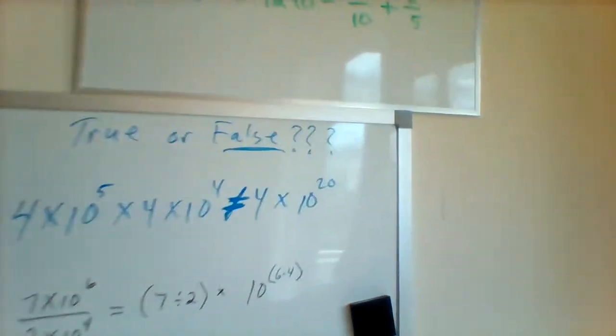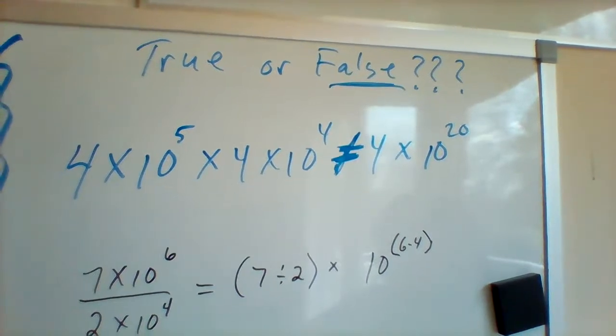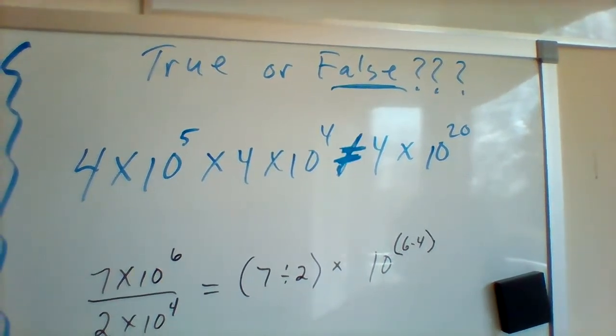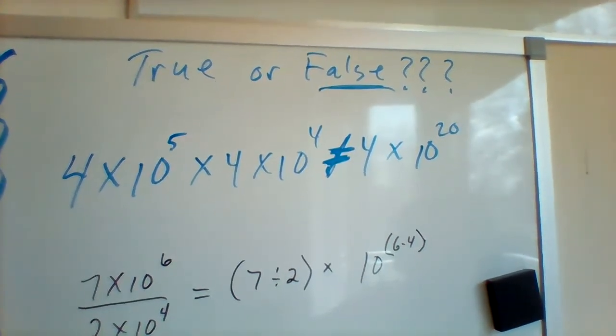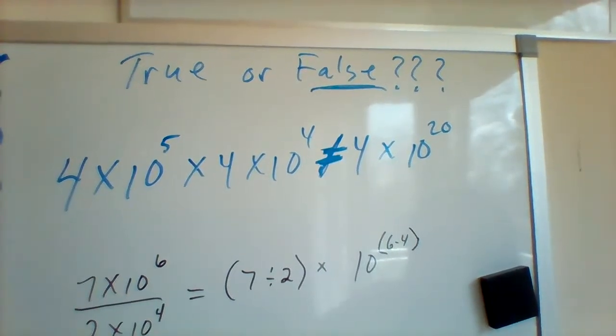All right. 7 times 10 to the 6th power divided by 2 times 10 to the 4th, does it equal 7 divided by 2 quantity times 10 to the 6 minus 4? Is that a true statement or a false statement?